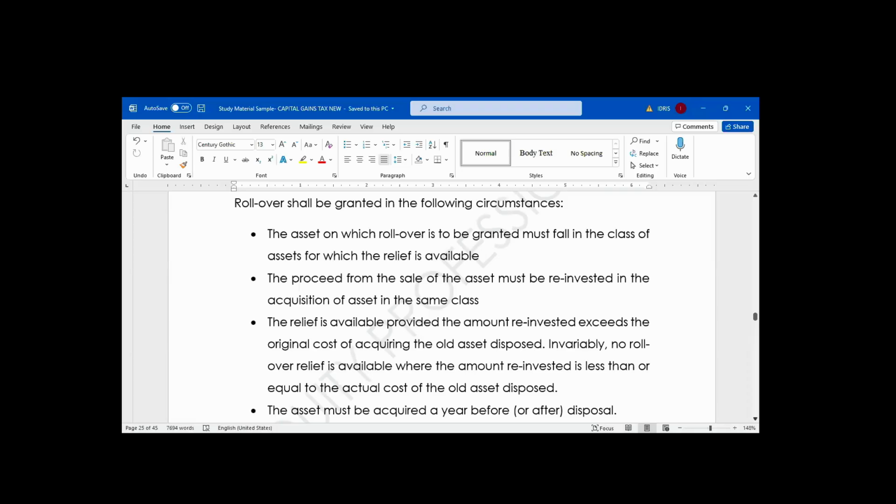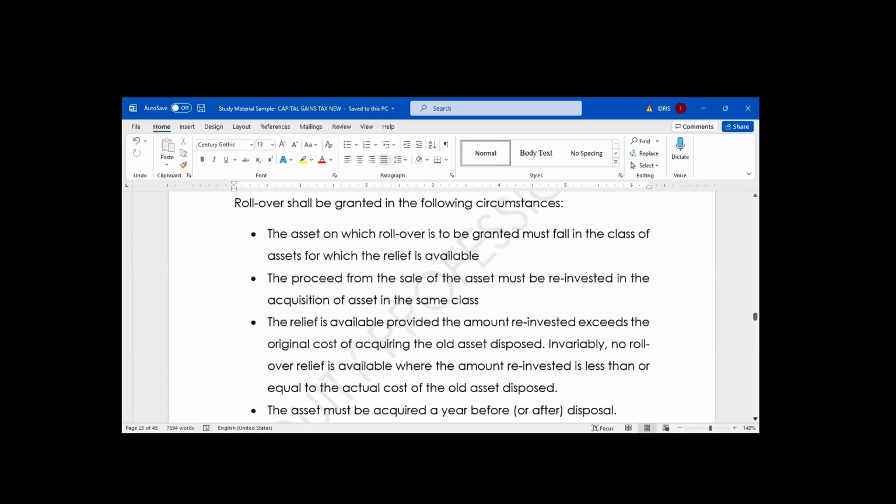Why? Because the cost, the amount I reinvest, the amount reinvested, which is the cost of acquisition of the new asset, is less than what? Is less than 80 million. 80 million is the cost of acquisition of what?